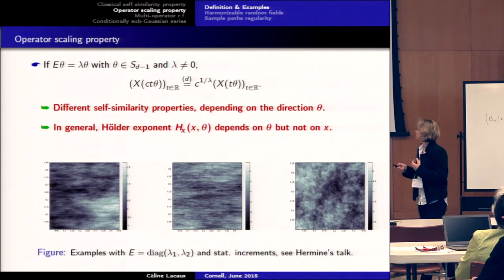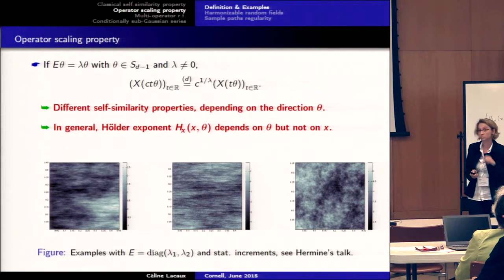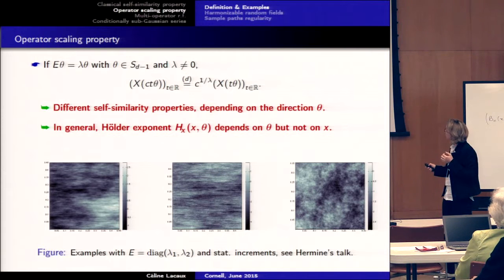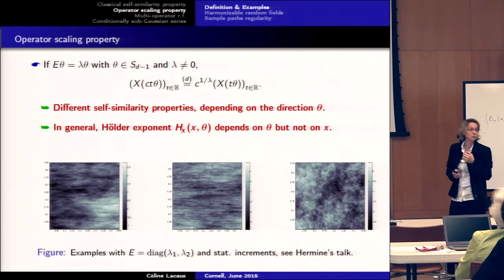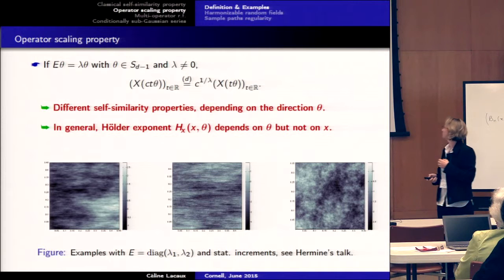So the nice property of operator scaling is that it combines different self-similarity properties which depend on the direction theta you choose. This allows us to more easily construct models in which the Hölder exponent varies with the direction theta. A harder goal with this property would be to make this exponent depend on x.